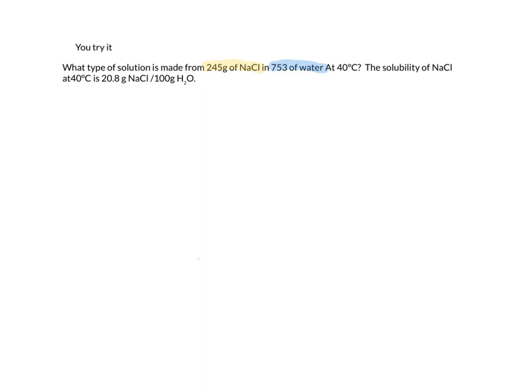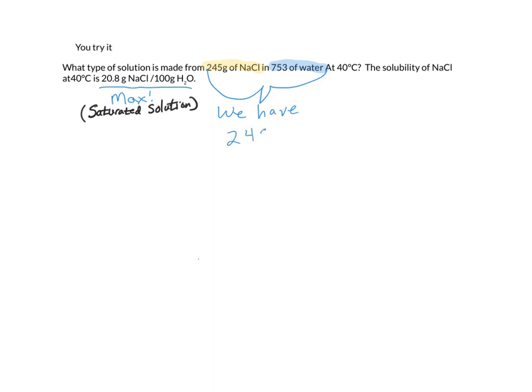We also know that the solubility at 40 degrees is 20.8 grams of sodium chloride for every 100 grams of water, and that solubility is the maximum that will dissolve at 40 degrees. We can look at the ratio of the solute to the solvent, and we can see that we currently have 245 grams of sodium chloride in 753 grams of the solvent water.